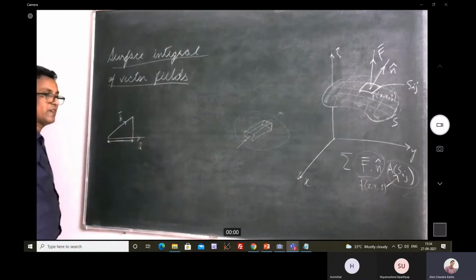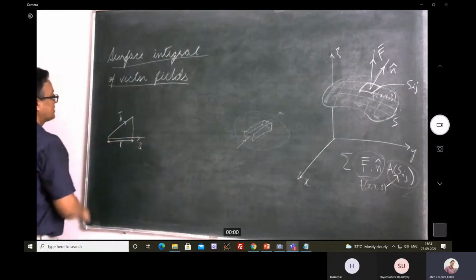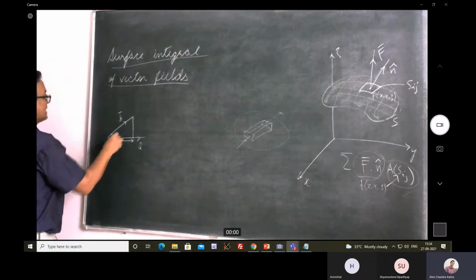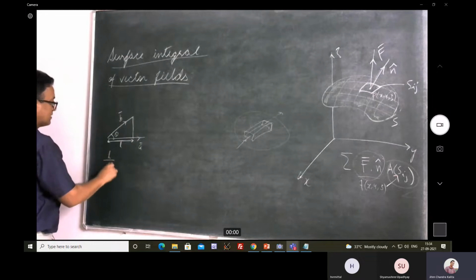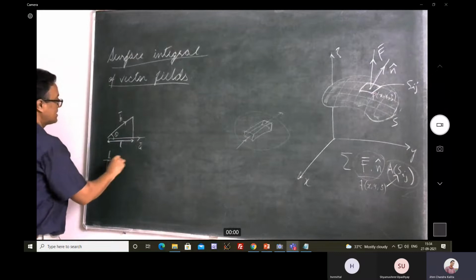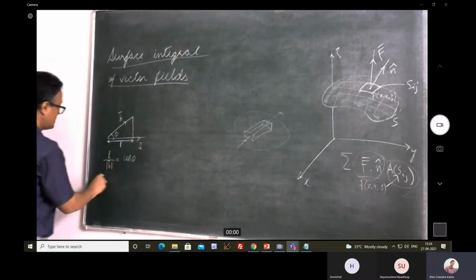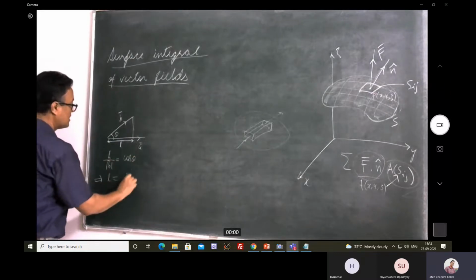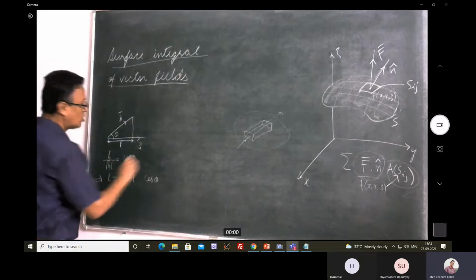If this length is L, and this is theta, then L by B is cos theta. So this means L equals B cos theta.